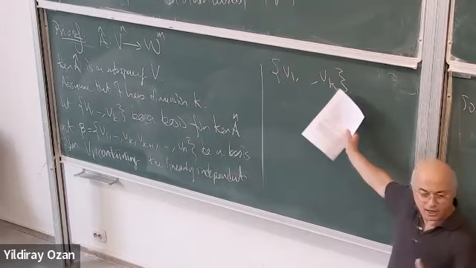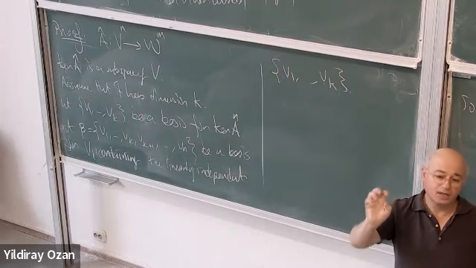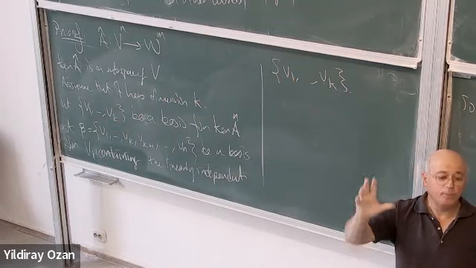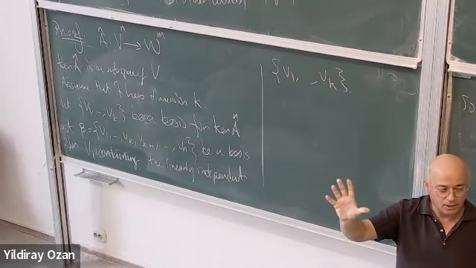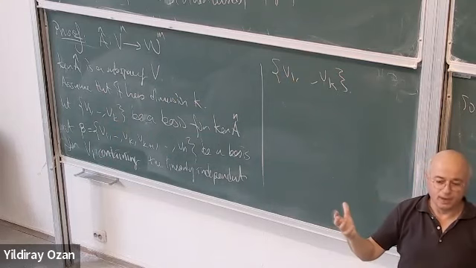We discussed this, right? You can always extend a linearly independent set to a basis of your vector space. You just put vectors which are not in the span.